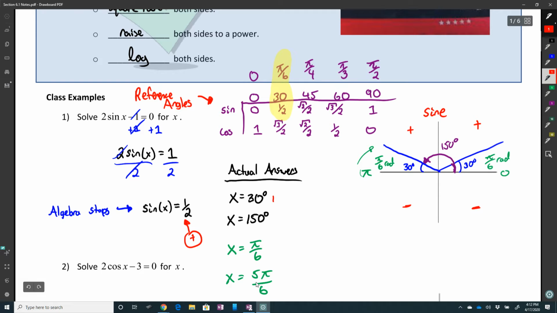It's really 30 plus a full rotation, 360 degrees K. 150 plus 360 degrees K. If you're doing the pi route, it's pi plus a full rotation, which for radians is 2 pi. And so those are the answers. Depending on if they want radians or degrees, those are the answers you're going to give.